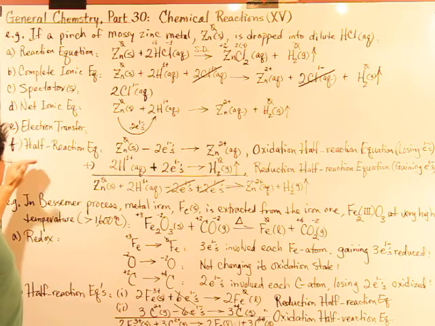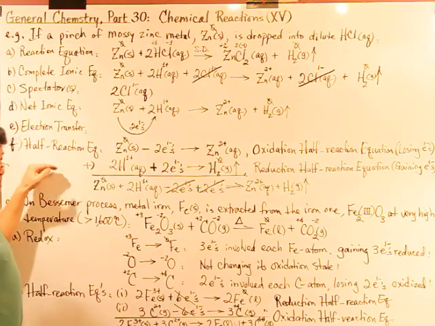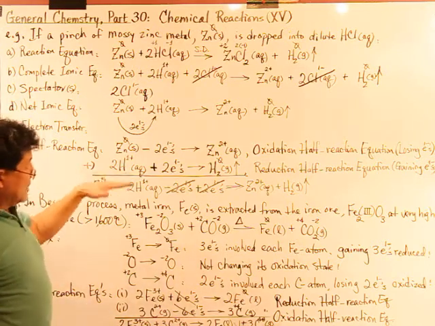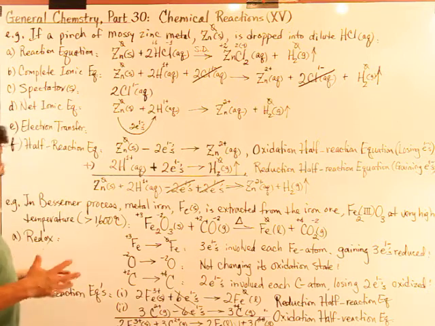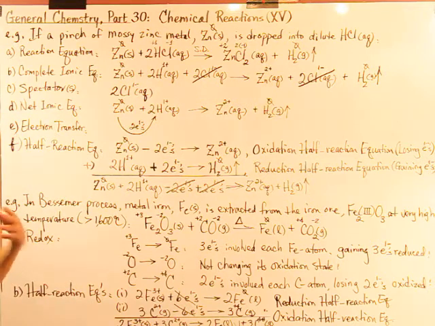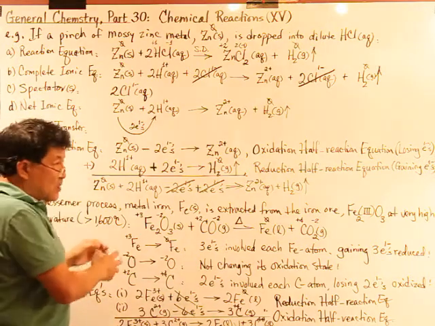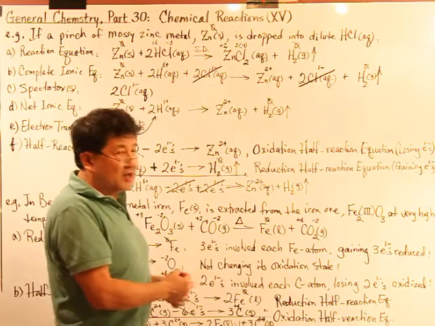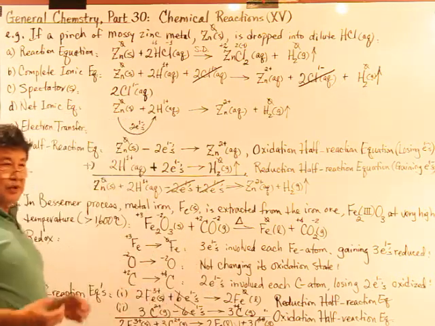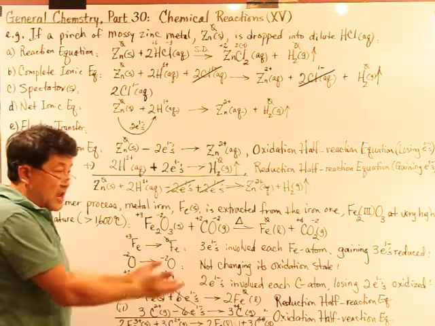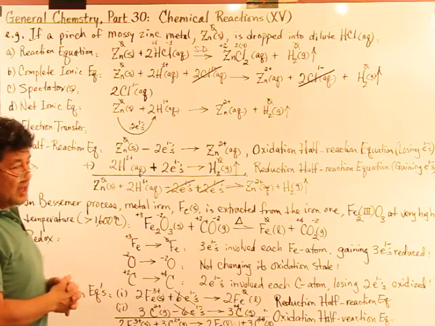And then finally, I want you to write up the correct half reaction equations for both the oxidation half and the reduction half. Then we go to the quantitative part. I'll give you a certain number of grams of reactant A reacting with a certain number of grams of reactant B, and ask you first to predict the products, and then predict how much, in grams and in moles, of the products can be produced.